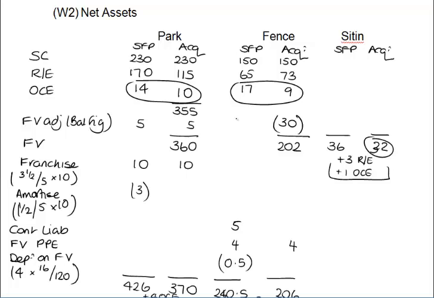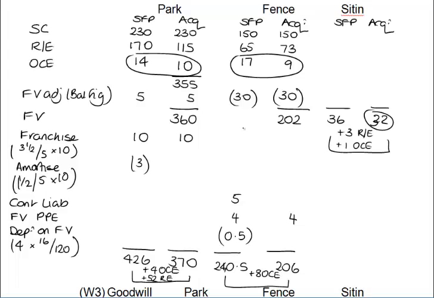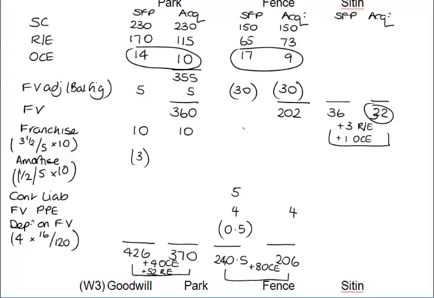So that figure of 30 represents the contingent liability. Sorry, I should have checked that. Which we've then increased by 5, like so. So 150 plus 65 plus 17 less 30 plus 5. So yeah, I was right at 210.5.